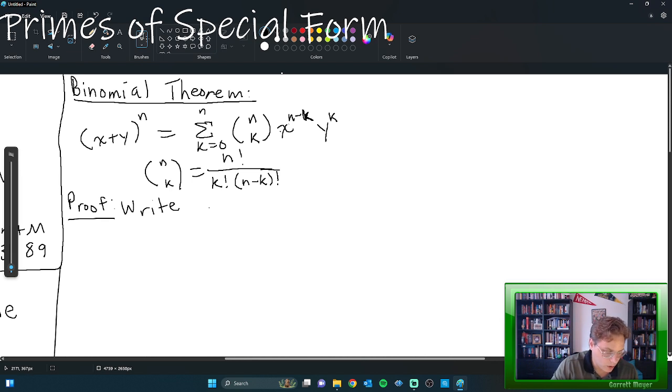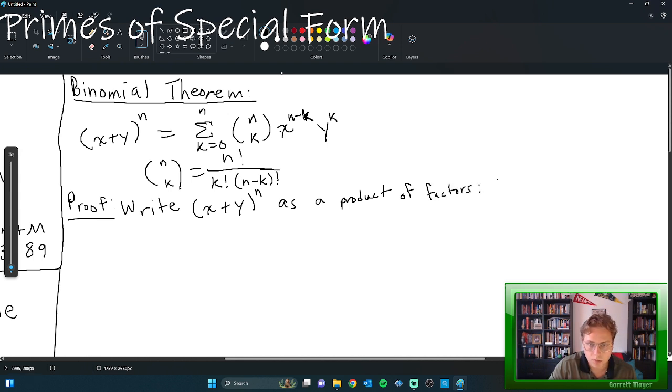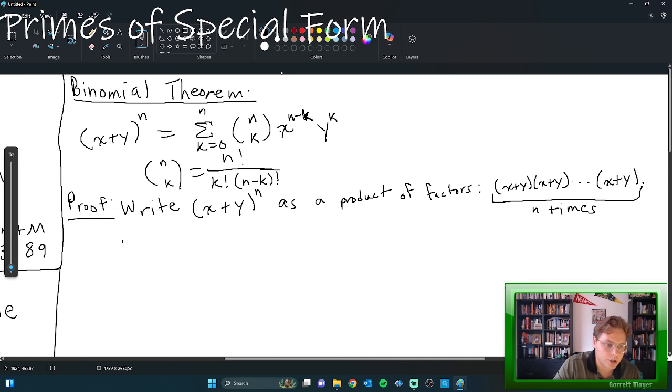But so we're going to write (x plus y) to the n as a product of factors, and this is just a product that's taken n times. And next what you're going to do is expand and collect like terms.